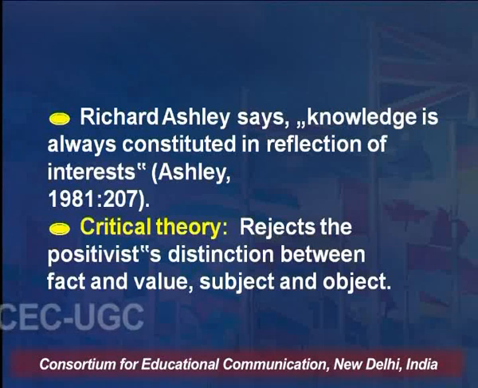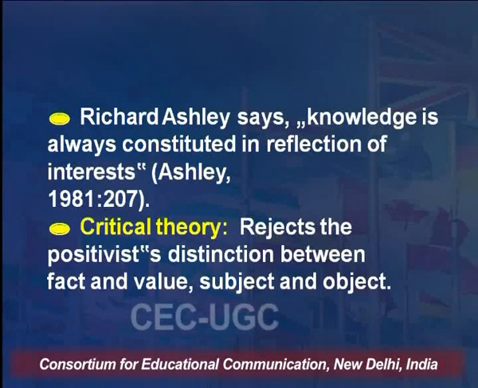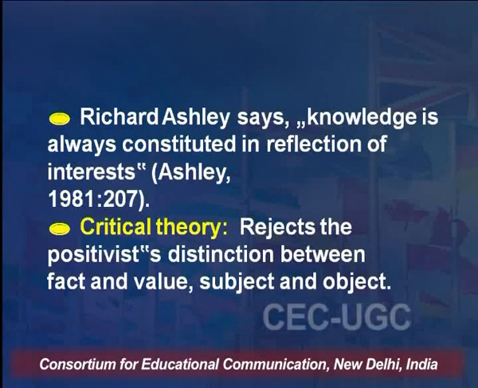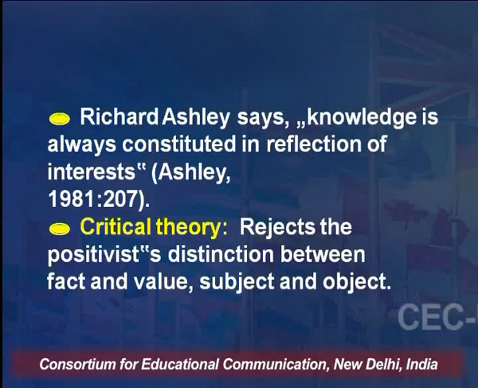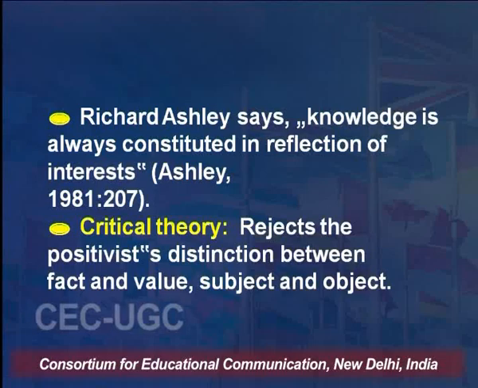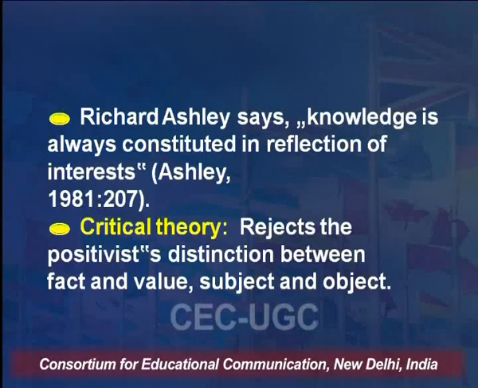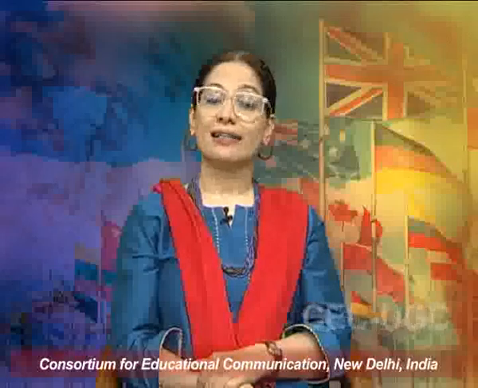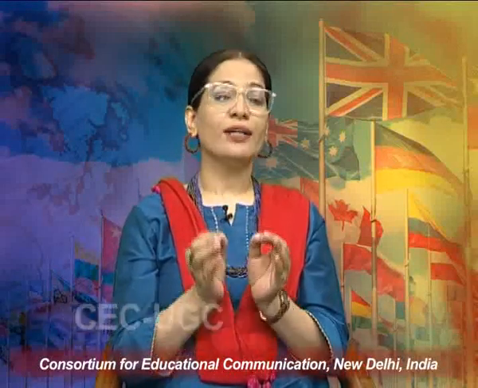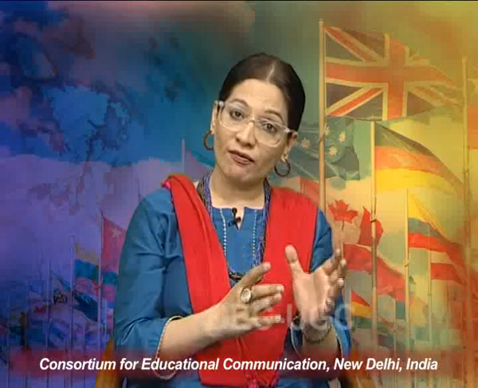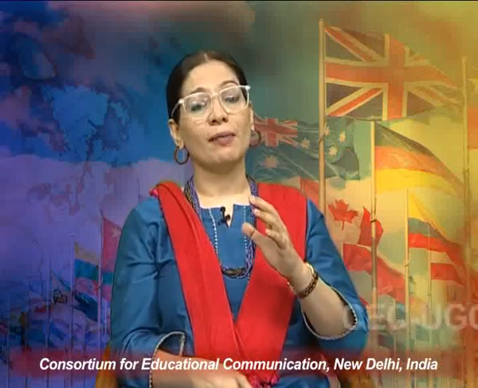The critical theory, as we analyze the work of Robert Cox and Richard Ashley, rejects the positivist dichotomy between facts and values, subjects and objects. Robert Cox opined that theory is always for someone and for some purpose.